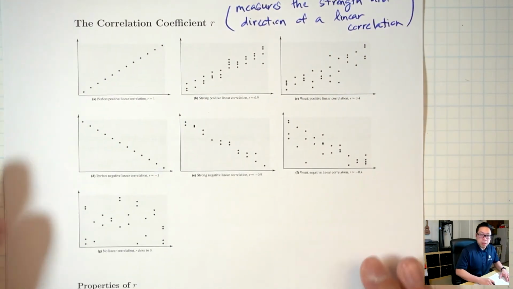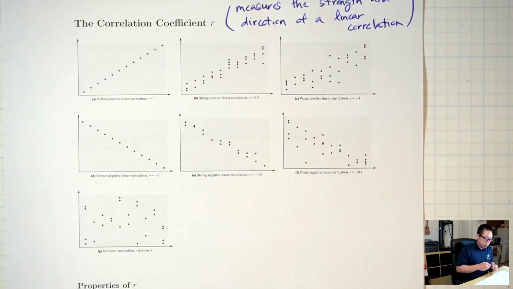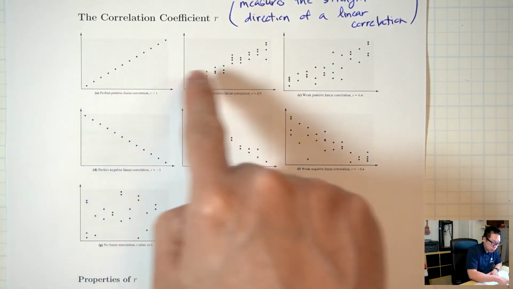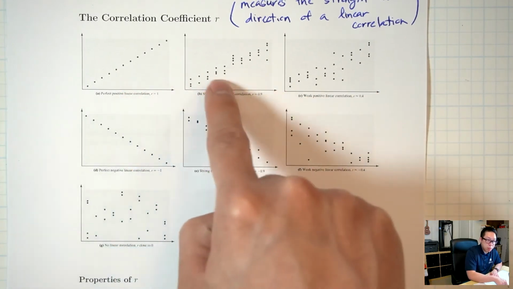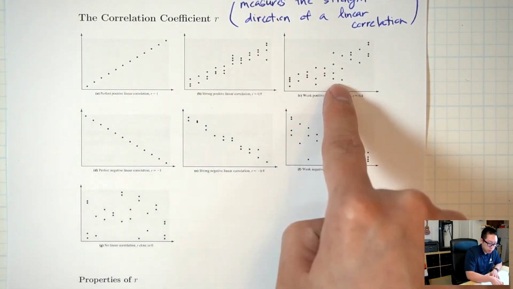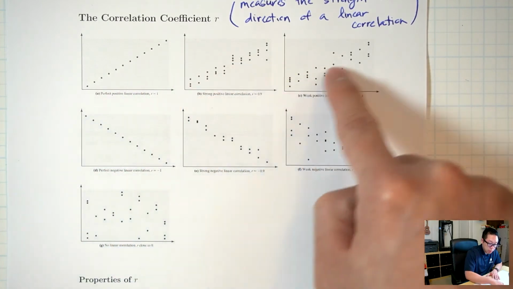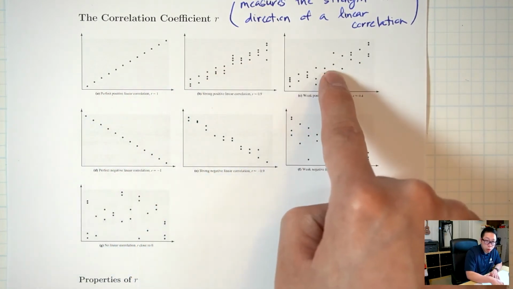And what I want to do here is just let's stare at these pictures for a little bit. Notice that these three pictures up here, are these positive or negative correlations? The picture's going upward, right? These are all positive correlations.